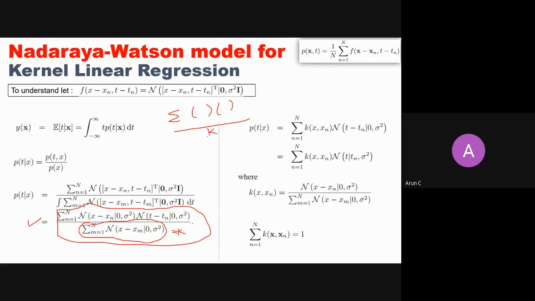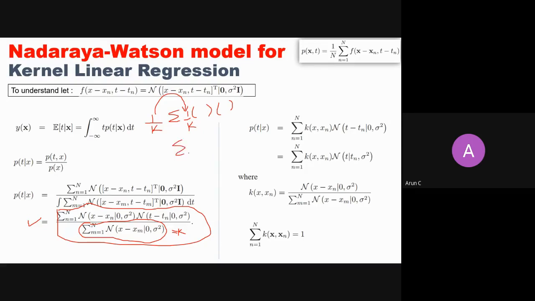What you can do is write it as 1 by k, then bring this 1 by k inside the summation.